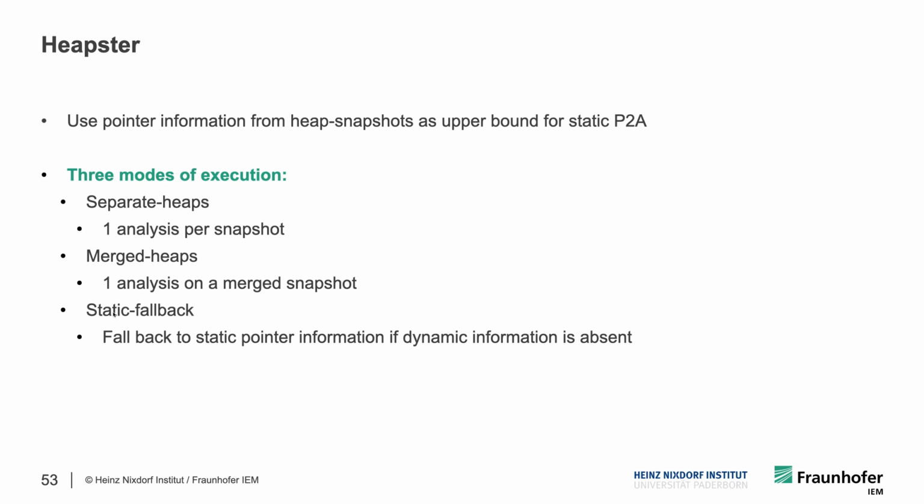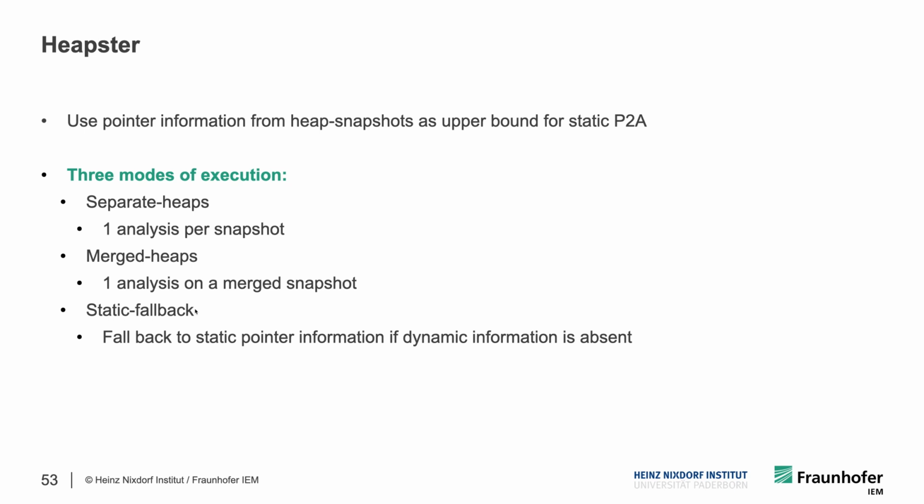Yeah, and then also we had a static fallback option, and that turned out to be very interesting. So there we would use the heap snapshots as follows. We would use the dynamic information in general for pointer information, right?